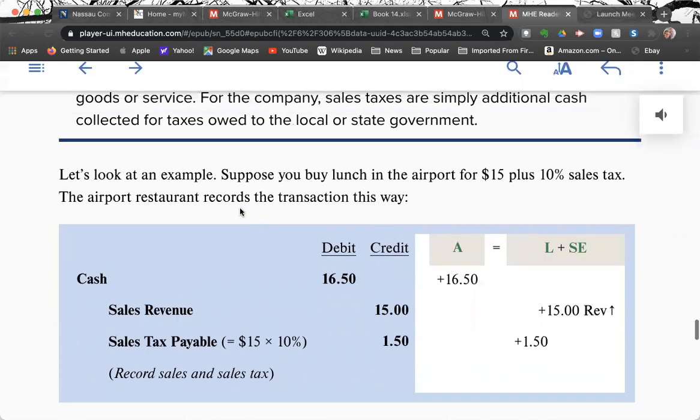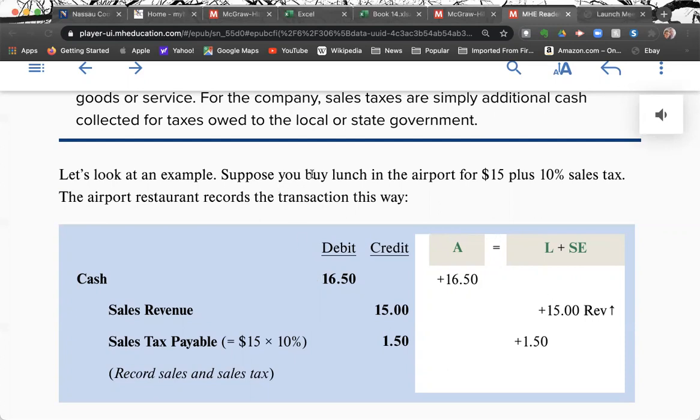Okay, sales tax. You bought lunch for $15 plus 10% sales tax. How much did you pay for the lunch? You paid $16.50 for the lunch, right? You paid $15 for the lunch plus $1.50 for the sales tax. The total was $16.50. Now, we're looking at this from the point of view of the store.